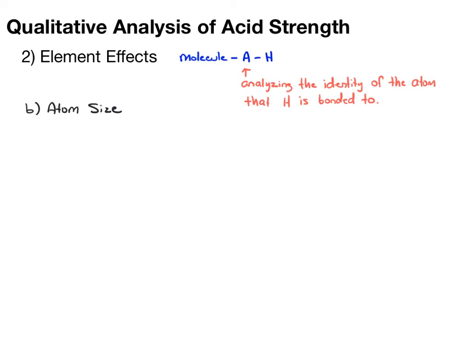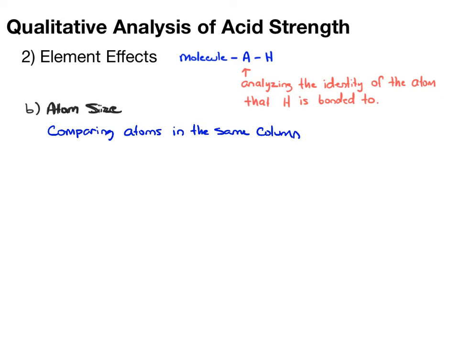The second effect we're going to look at is atom size. Again, this is an element effect because we're analyzing the atom the hydrogen's bonded to, but we're going to look at how changes in the size of the atom affect the acidity. Now we're comparing atoms in the same column.